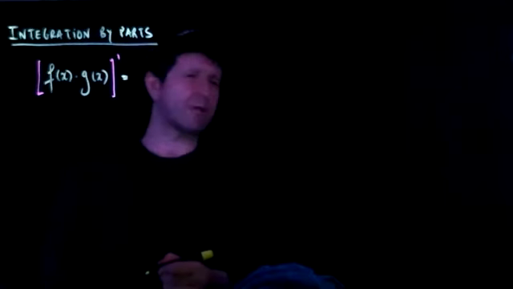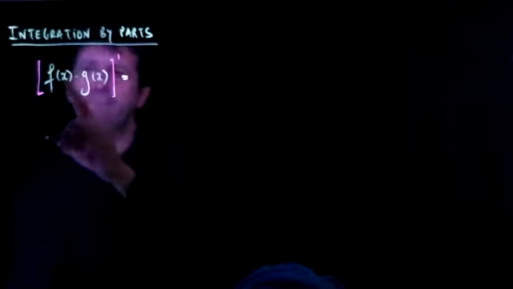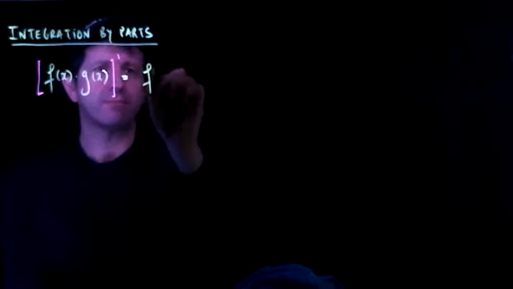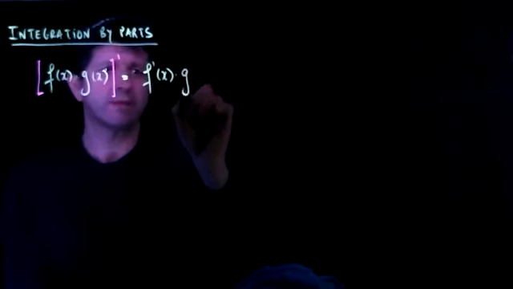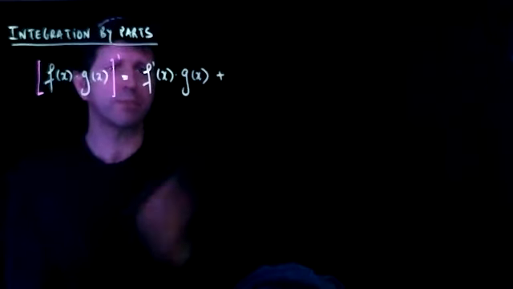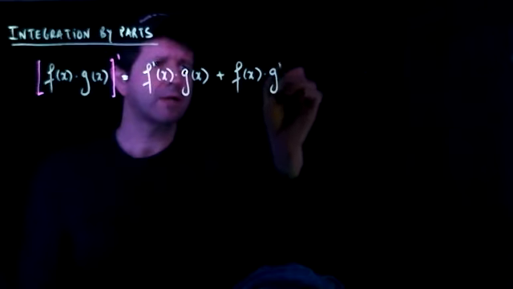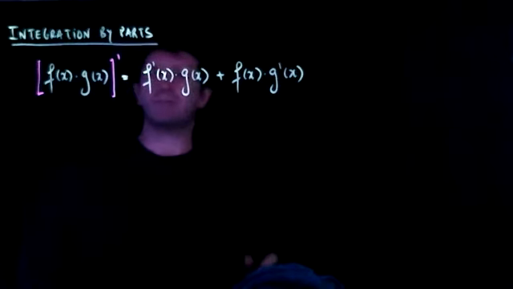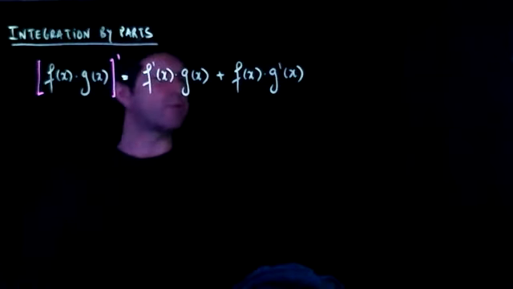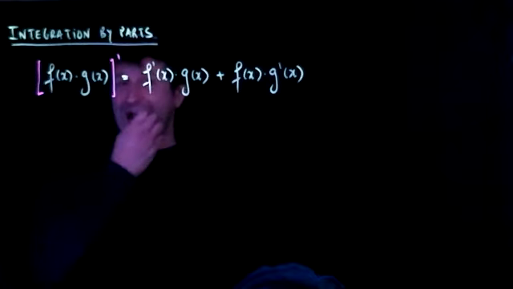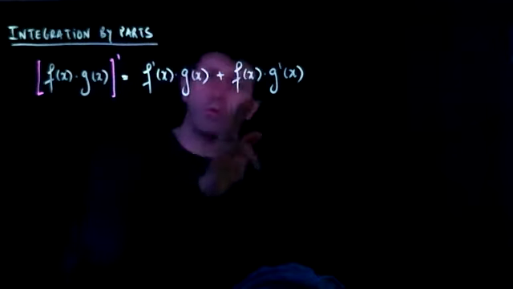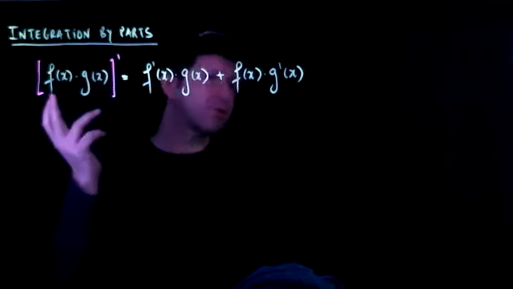If you remember this from calculus 1, that's f prime of x times g of x plus f of x times g prime of x. Right? Remember this. Okay. So if I find the antiderivative of both sides now, they will still be equal.